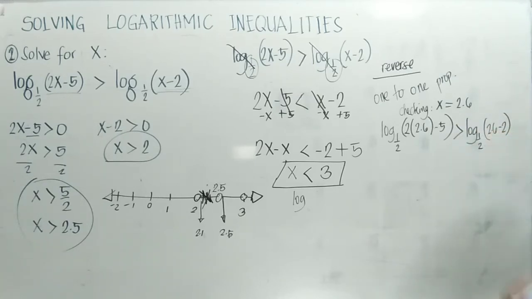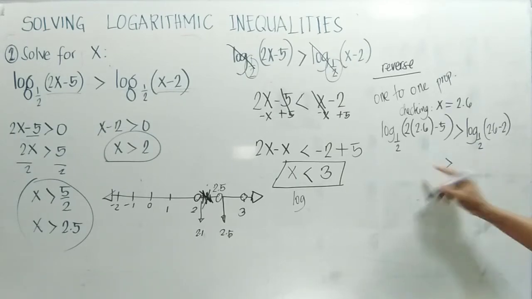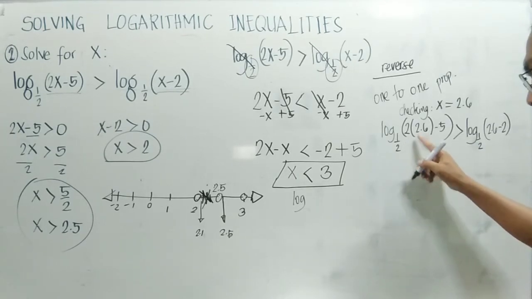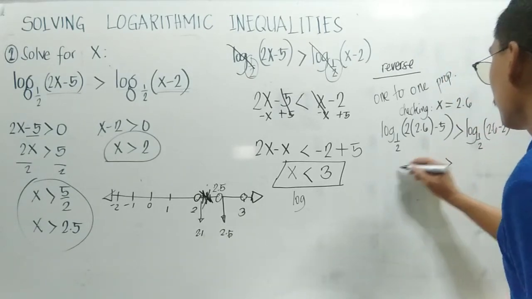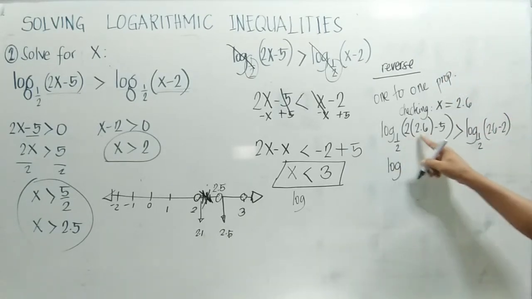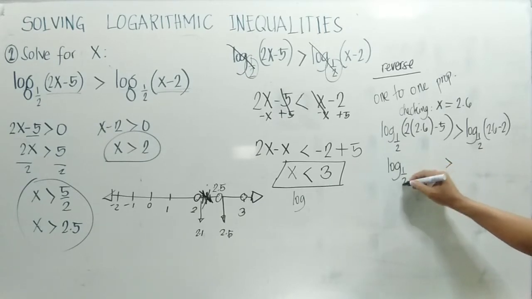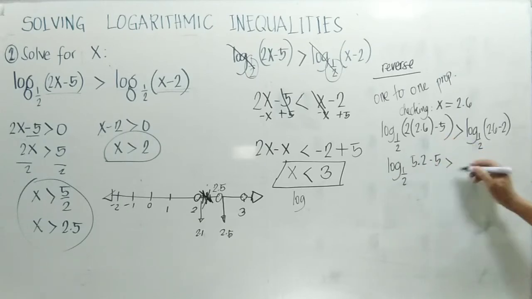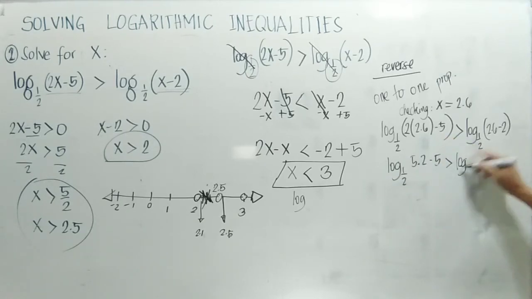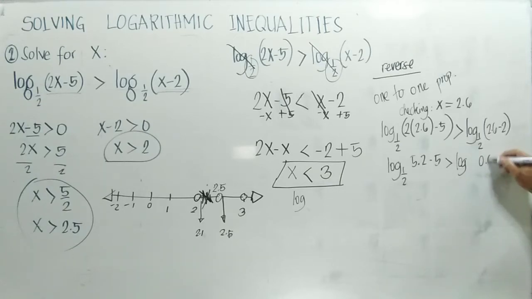Quantity base 1/2. Then we have 2 times 2.6 is 5.2 minus 5 is greater than log of 2.6 minus 2, of course, that is 0.6 base 1/2.